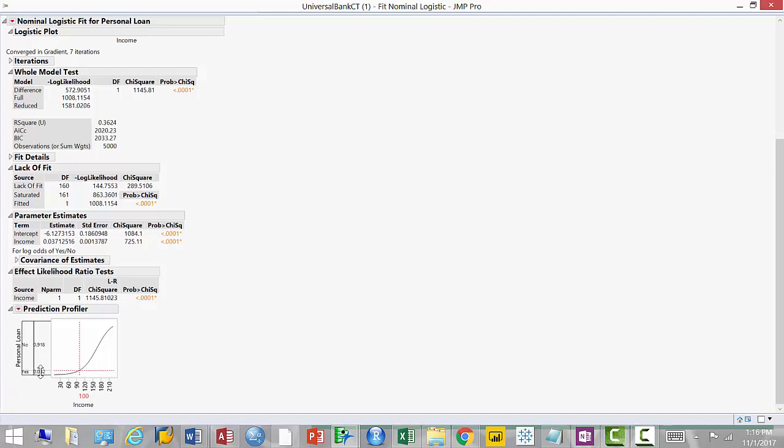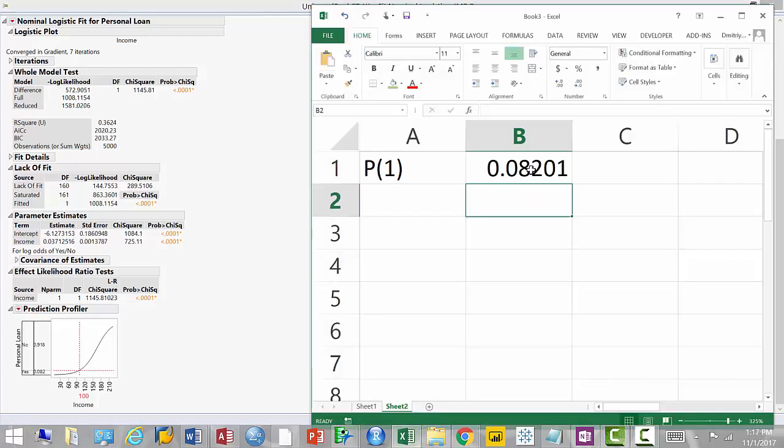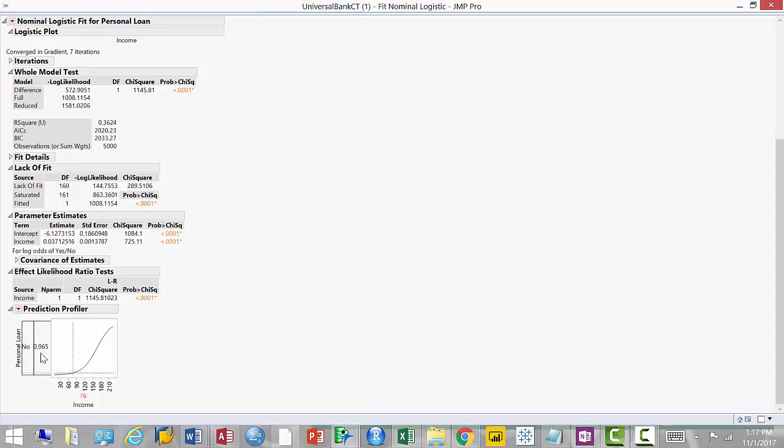It says the likelihood of 1 is 0.028, pretty much exactly what I computed, isn't it? Yeah, 0.028, okay? So it's more likely, 100,000, that this type of customer will not get a loan from us, okay?